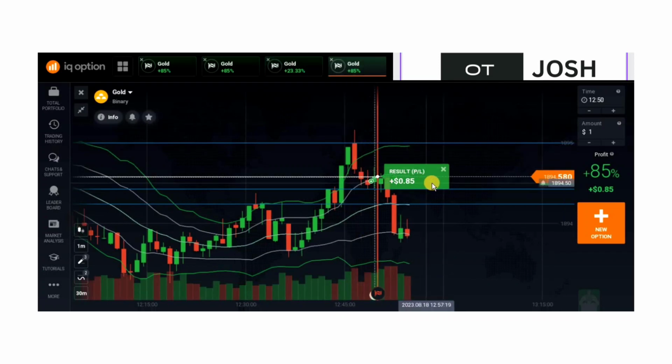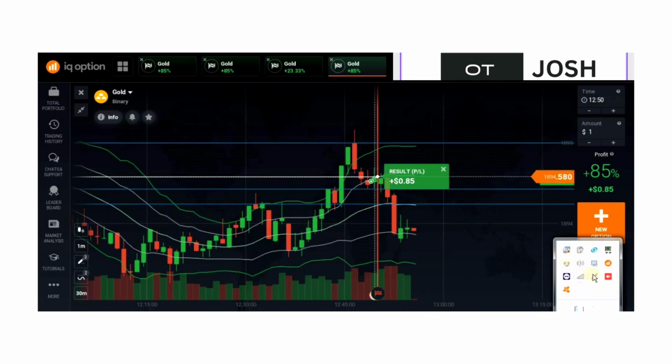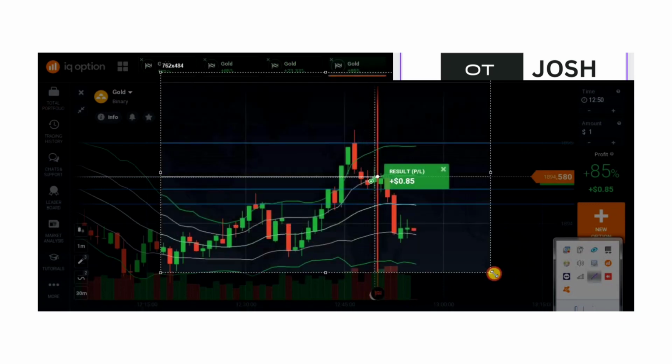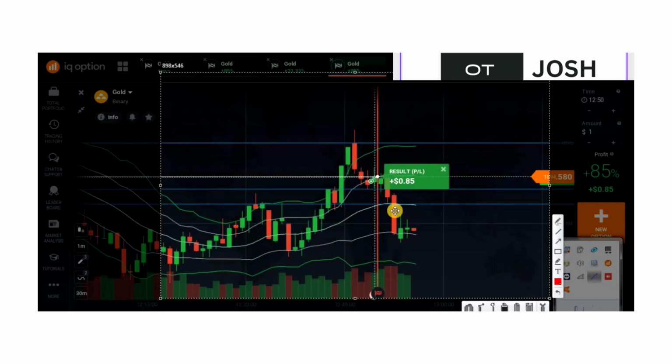Last trade. Now what is happening here, the psychology is very simple. The market is going down, but remember that we had an initial uptrend here. Now the market is going to reverse, and this reversal is being carried out by the insiders.